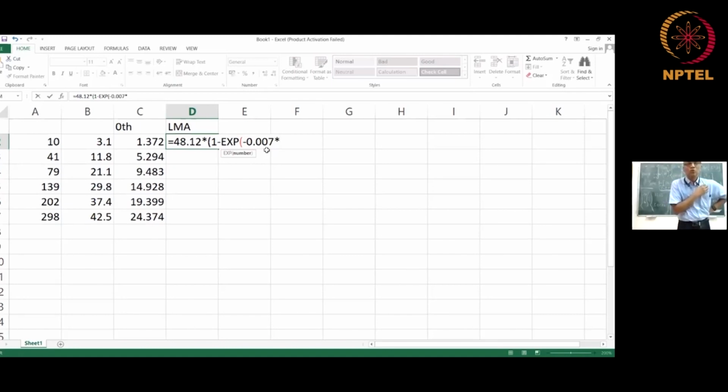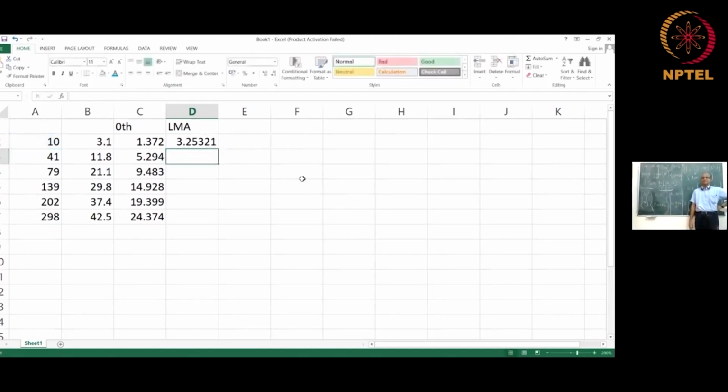Close bracket. Then after the star, you have one more bracket. Close the bracket. Exactly. Just the return key.